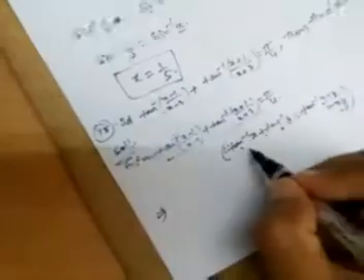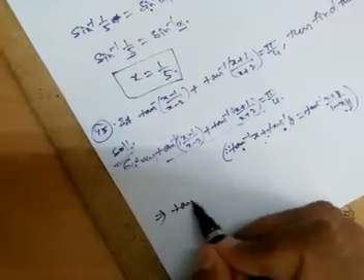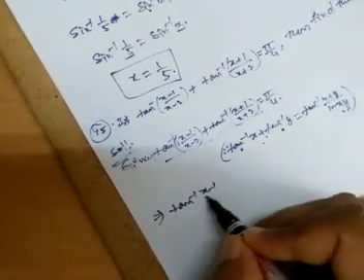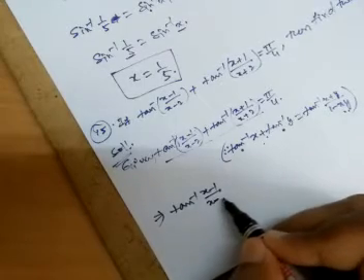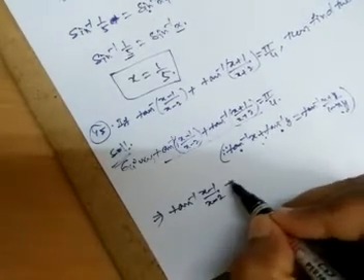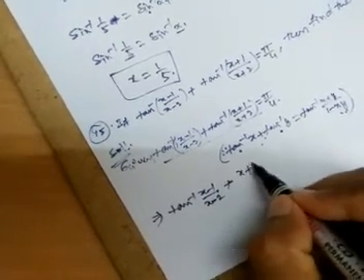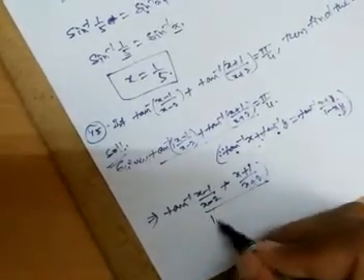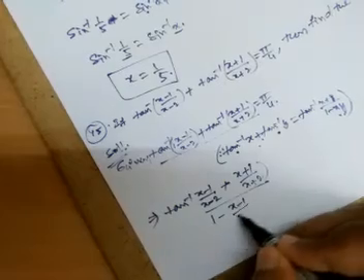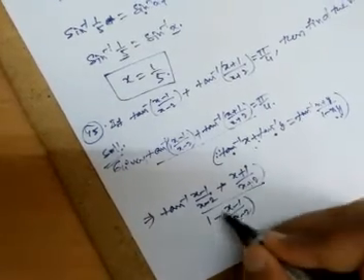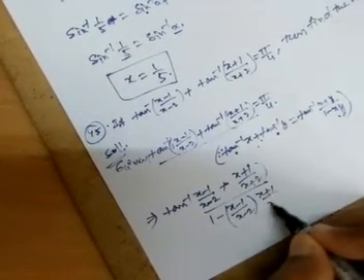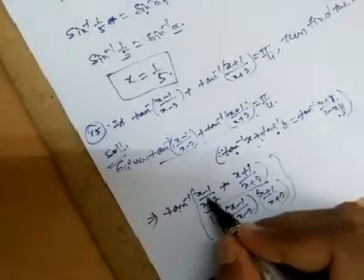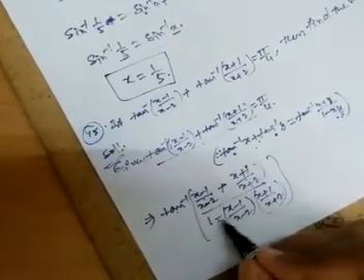So according to this formula, tan inverse of [(x minus 1) by (x minus 2) plus (x plus 1) by (x plus 2)] by [1 minus (x minus 1) by (x minus 2) into (x plus 1) by (x plus 2)].